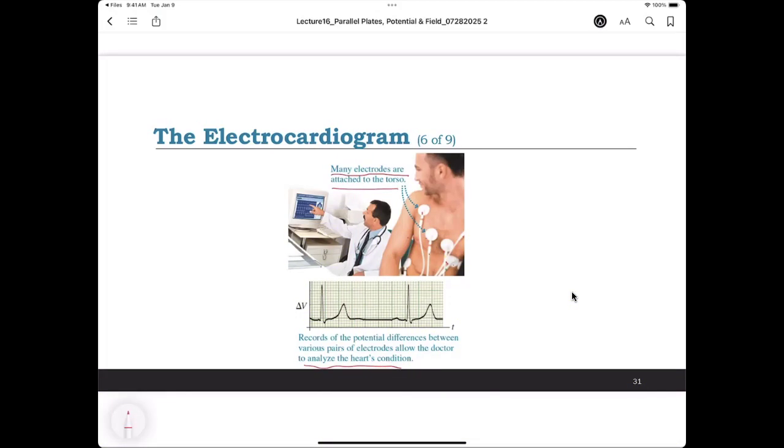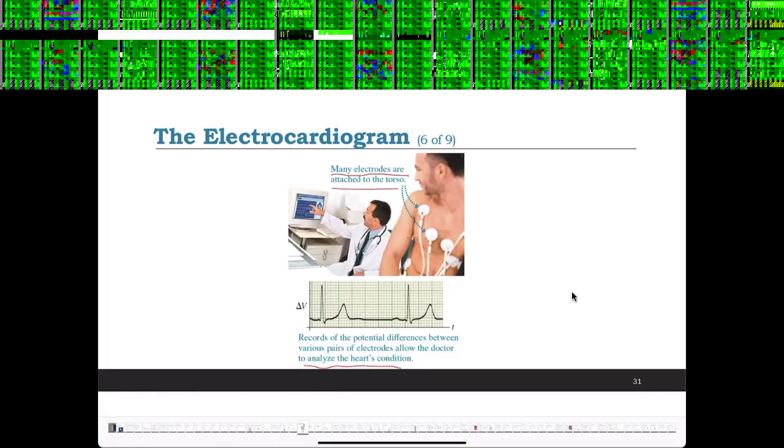Which means there is polarization and depolarization, and then there will be a potential difference. And this potential difference between various pairs of electrodes allows the doctor to analyze the heart's condition. Does it make sense to you?